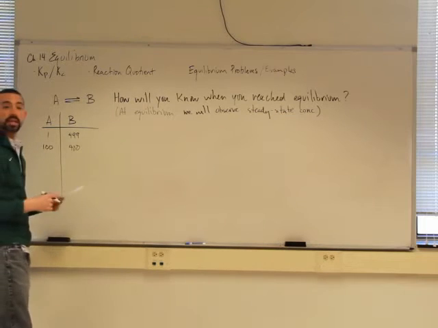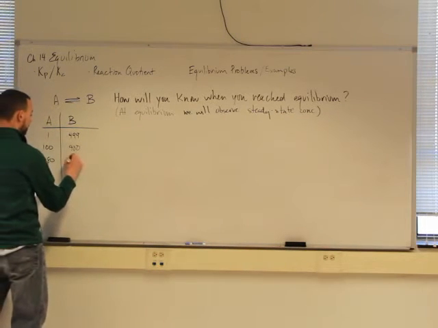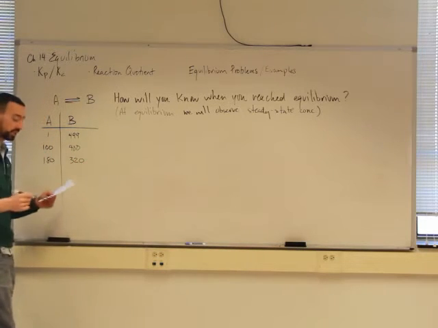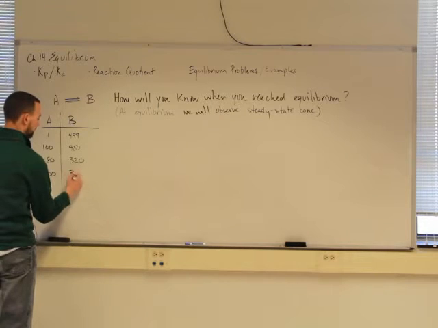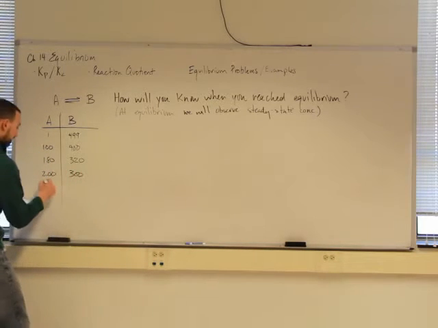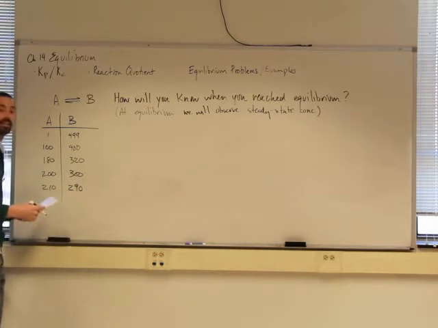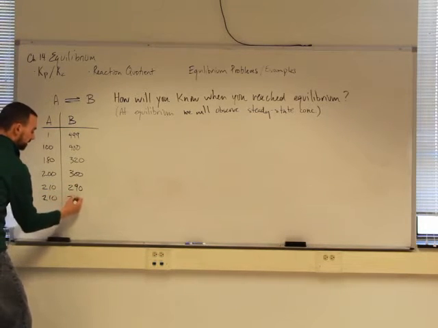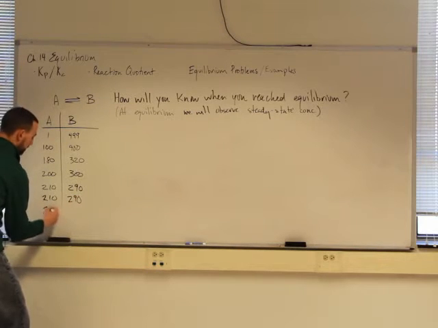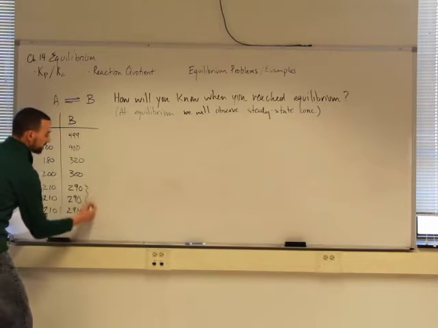Come back a little bit later and my A has jumped up to 180. My B is down to 320. A little bit later, I'm up to 200, down to 300. Then I'm up to 210, down to 290. Come back later, I'm at 210, 290. Even later, 210, 290.